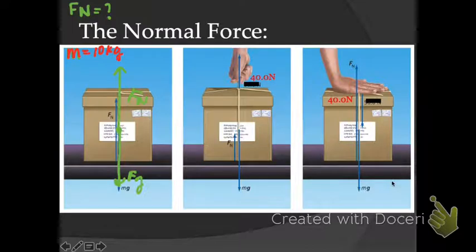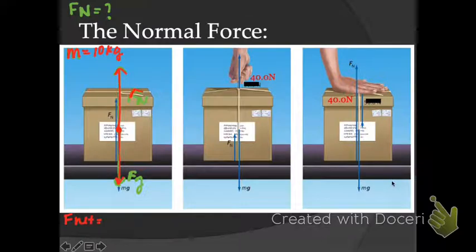So let's focus just on the first scenario first. I've got a gravitational force and a normal force. Otherwise, there's nothing acting on my box, right? So what's my net vertical force going to have to be? It's 0, right? But before you get to that, I want you to write out your net force equation. F net equals positive forces minus negative forces.